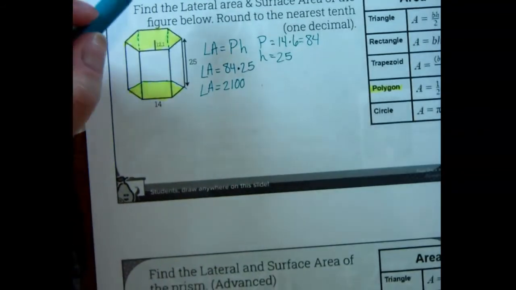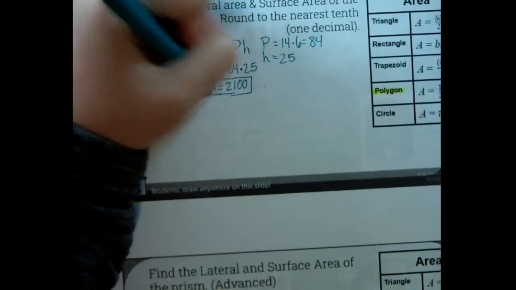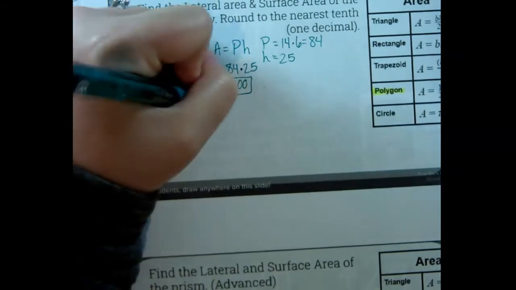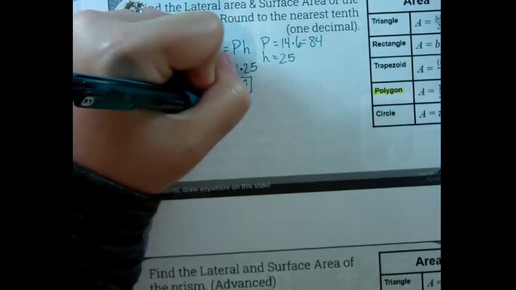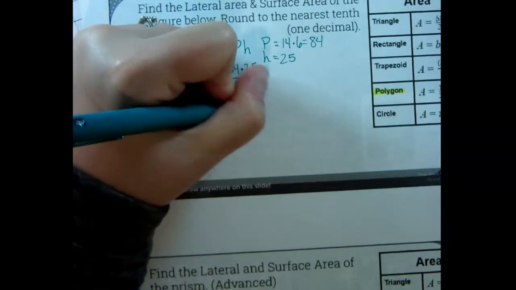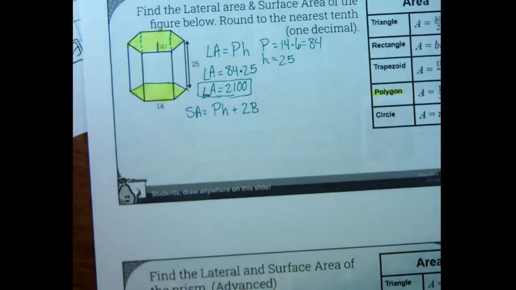And now we want to determine the total surface area. I'm going to circle that. And I'll write my total surface area formula. So it's really just the lateral area, the pH, plus 2 of the bases. Because the lateral area is everything but those 2 things that I colored in.